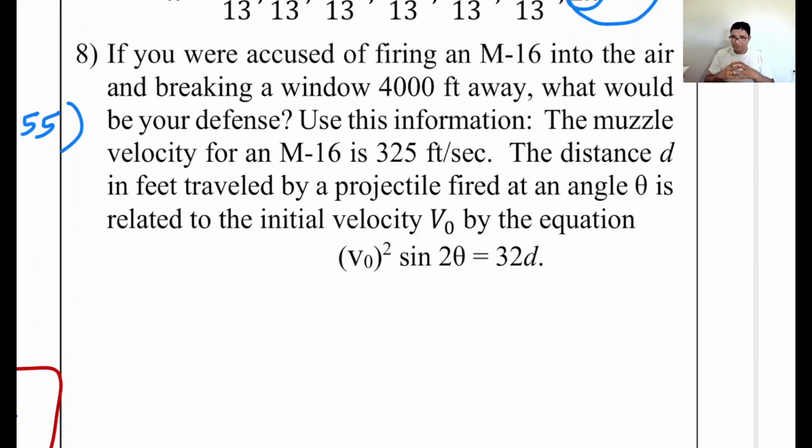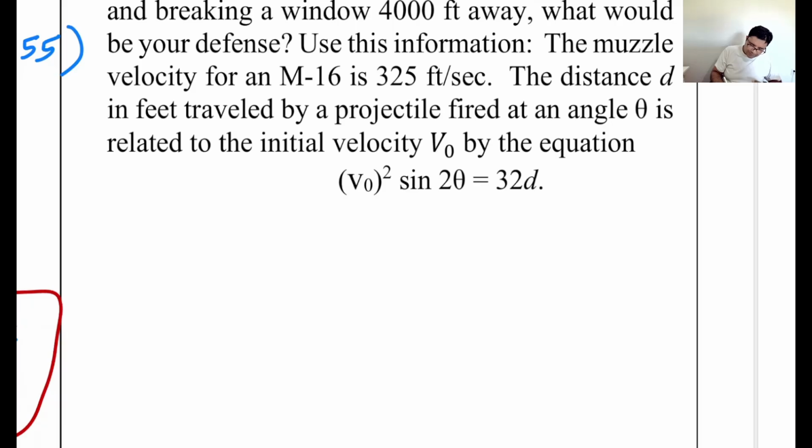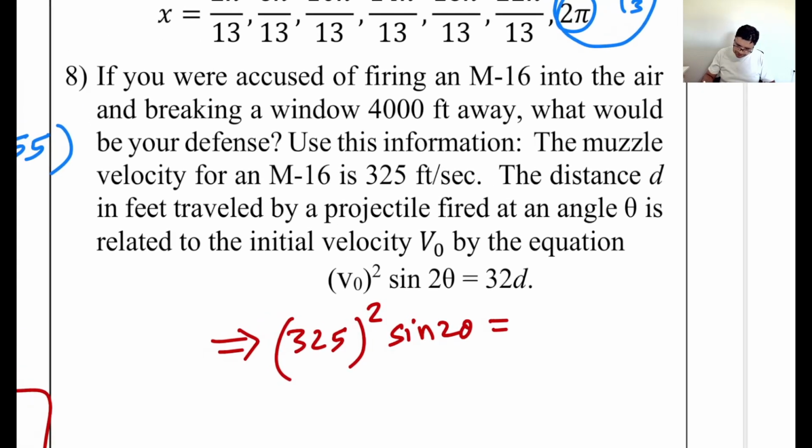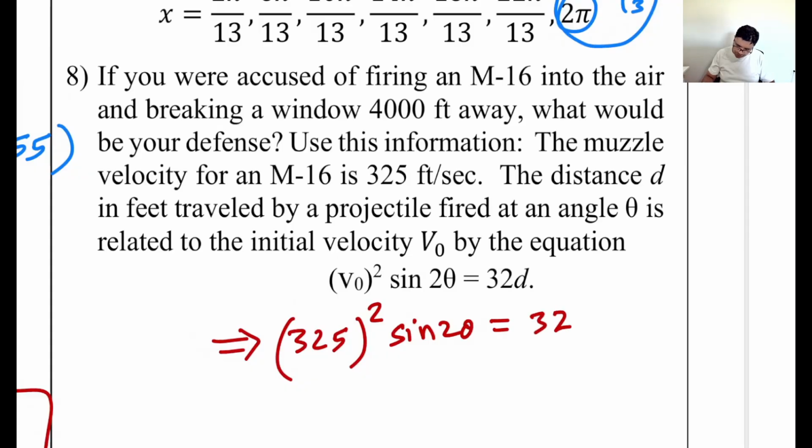Okay, so in this equation, what are the things? The velocity v0, which is given, and the distance, 4,000 feet, is given, and sine 2 theta. We'll solve for theta here. So 325 squared sine 2 theta equals 32 times 4,000.